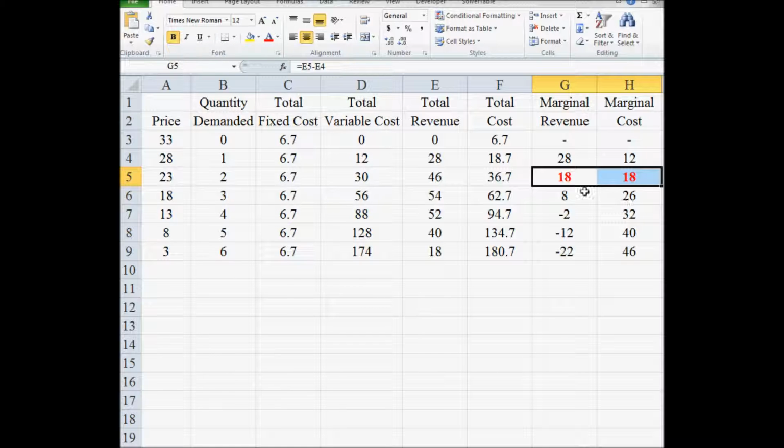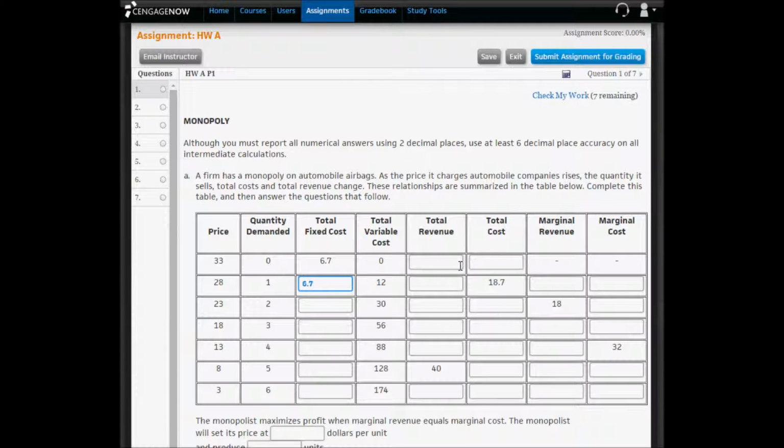And since marginal revenue 18 equals marginal cost 18 when 2 units are produced, the profit-maximizing output level is 2. So the monopolist restricts output to 2, and that drives the price up that the monopolist can charge to 23. As I said earlier, these values are all 6.7.